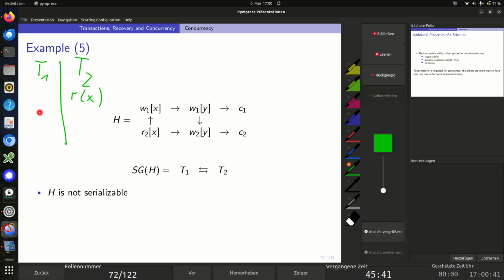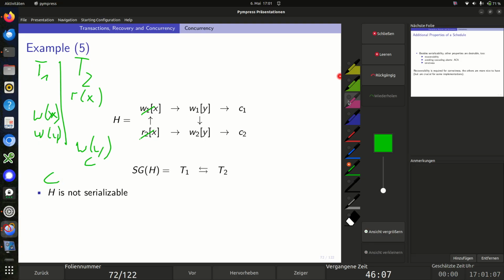Then we have the write of x. Then, sorry, first the read, then the write. Then it doesn't matter what comes first. No, it does. We have the write of y. And then we would have the write of 2. And finally we have a commit.